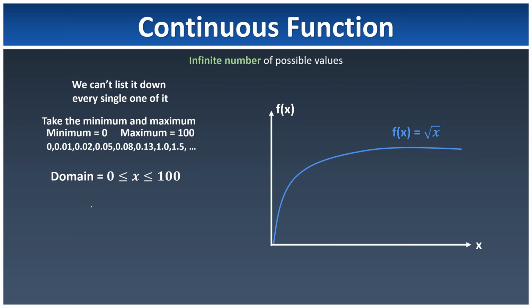Sometimes you can write it down in a more formal way, where we say the domain is a set where x is a member of the set, but to be a member of the set, it must be in between 0 and 100. So this is how you write it in a more formal way, but most of the time, the simple form will be fine as well. If you want to learn this one, you can break it down one by one.